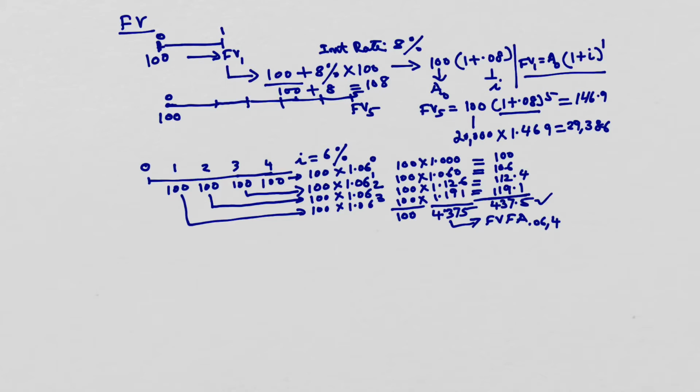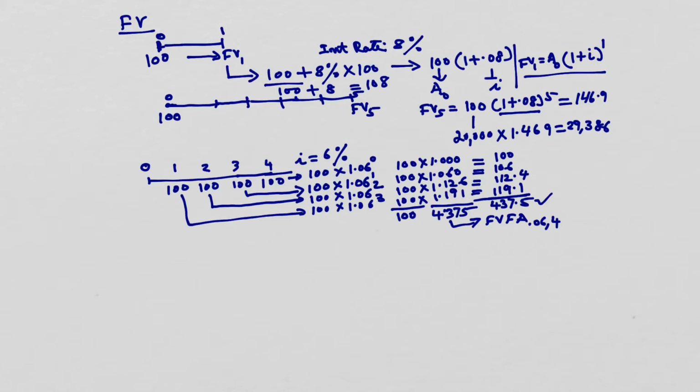So this is the future value factor for annuity. When you receive the same amount each year, it's called an annuity. Now this 4.375, you arrived at this number by finding the factor for each of the years and then adding. You can do it directly.